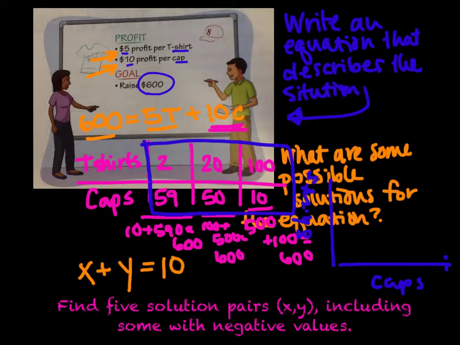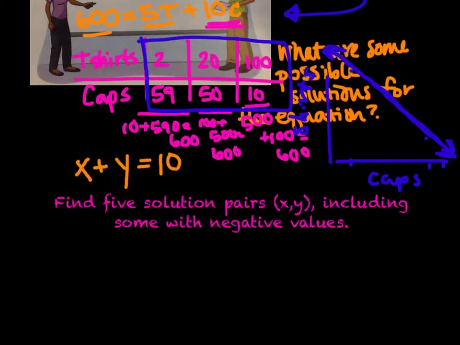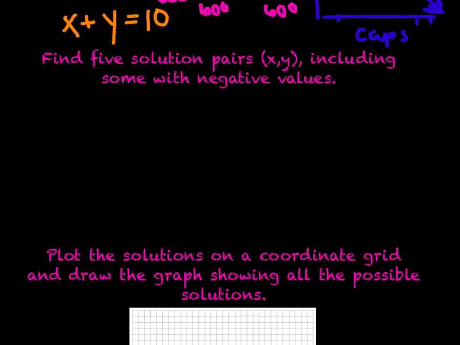If we have 50 caps, perhaps right here, we're at 20 t-shirts. And if we're at 10 caps, maybe right here, we're at 100 t-shirts. What we'd end up finding is this is sort of a linear equation. That was a horrible line, I drew that awfully. So we have potentially a linear equation starting. We're going to use this idea for our next problem.